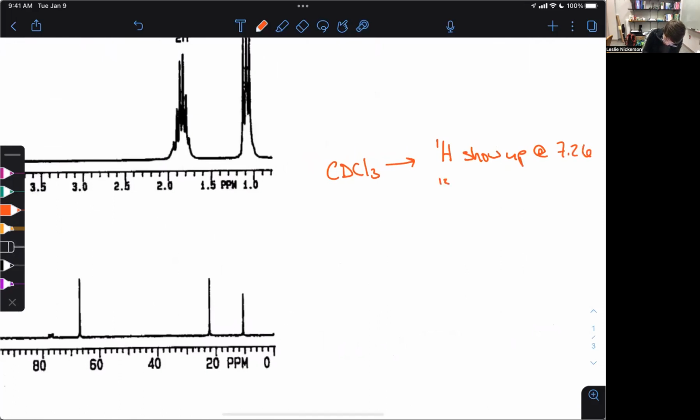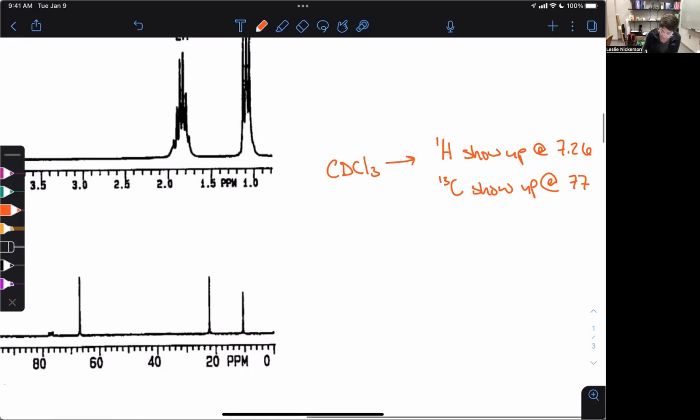And for carbon, it shows up at 77. I have these off the top of my head, but again, you would be told what they are.